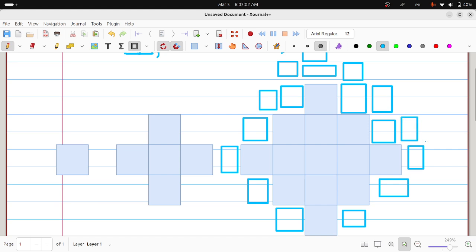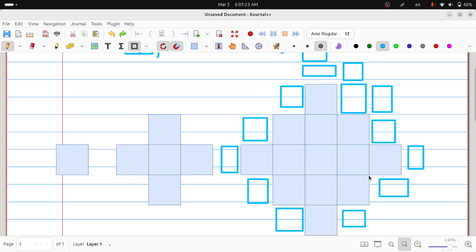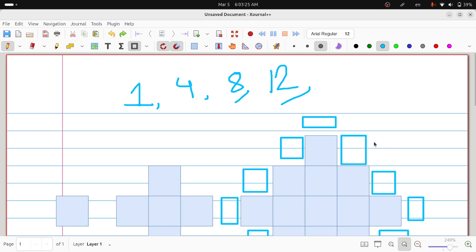Then I'll do another 5 here. 1 2 3 4. No, I'm doing 4 here. So I will do 4 here, and then I think I'll have to color them with a different color.